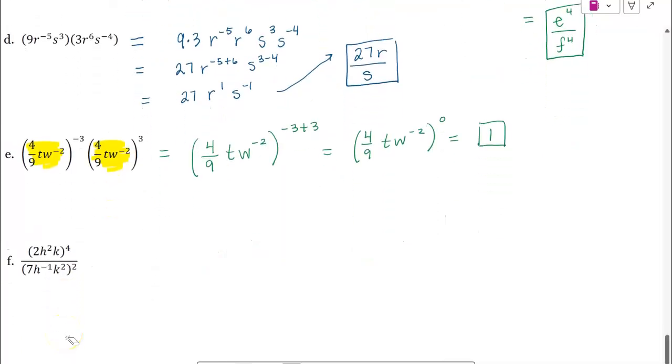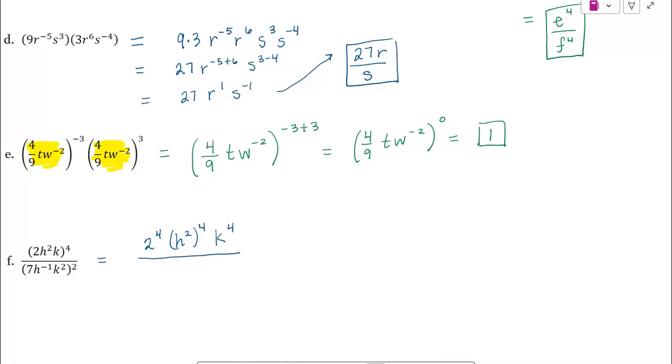All right, example F. So let's just look at the numerator separately from the denominator to start, and then we'll start simplifying items that are alike. I'm going to start by taking that 4 that's the exponent and moving it into each of the items in the numerator. So I'll have 2 to the 4th power, h squared to the 4th power, and then k to the 4th power.